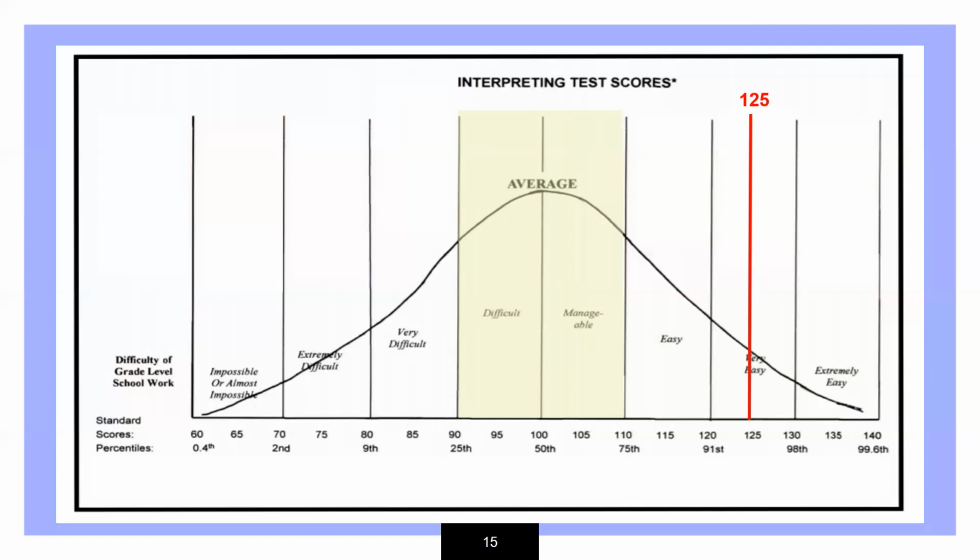Things are very easy for me. And you can see in my percentiles, my standard score of 125 is going to be the same as about, let's say, 94, 95%. So I'm doing as well as or better than 95% of my peers.